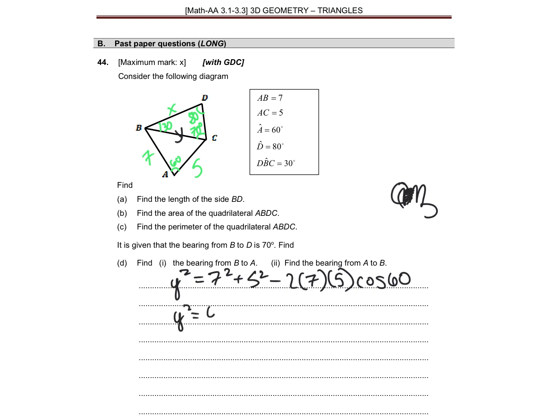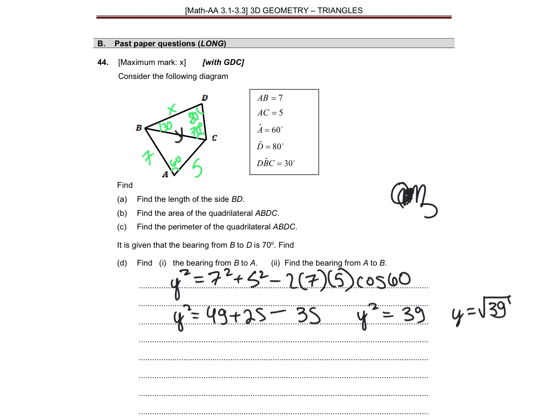So we're going to have 49 plus 25 minus 70 times 1/2, which is 35. So negative 10, so y squared is 39, so y is root 39.